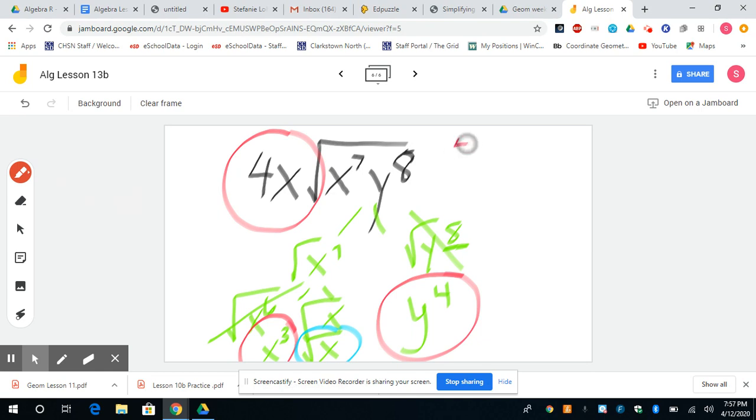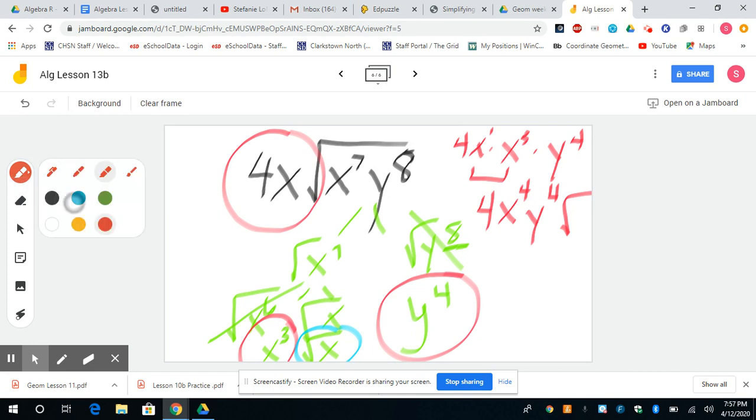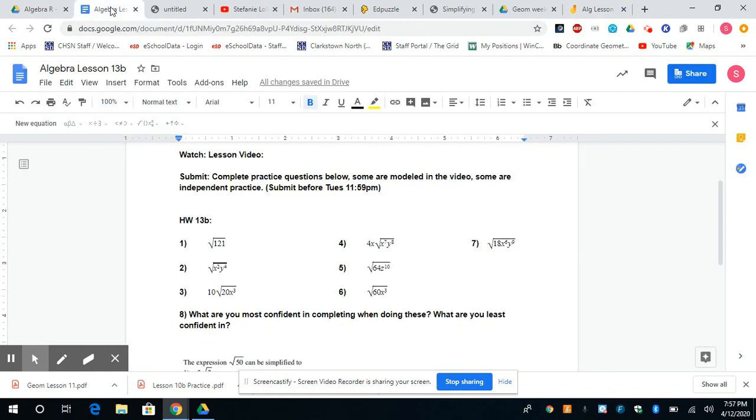So 4x times x to the 3rd times y to the 4th. Remember, when you multiply exponents, you add them. So this is x to the 4th y to the 4th, and then inside the radical is just the blue, which is the x. The x is the only thing that we couldn't simplify out of this problem. So that is your answer to that question on the homework.